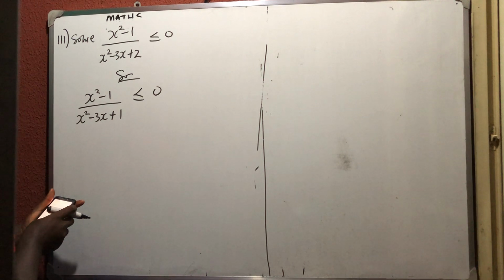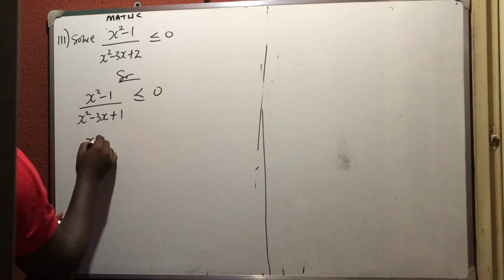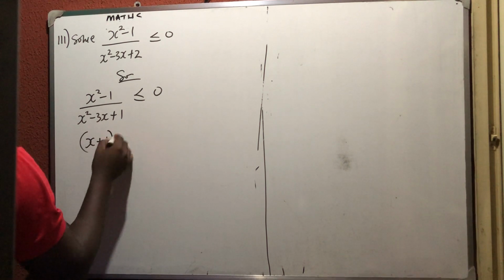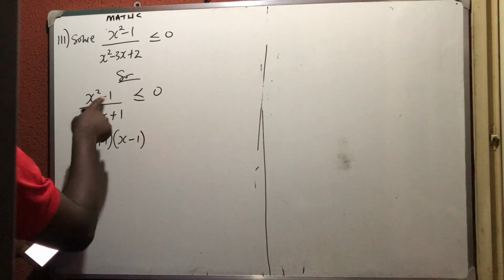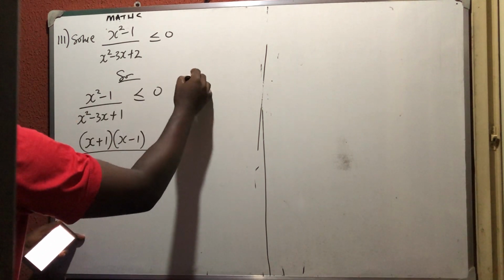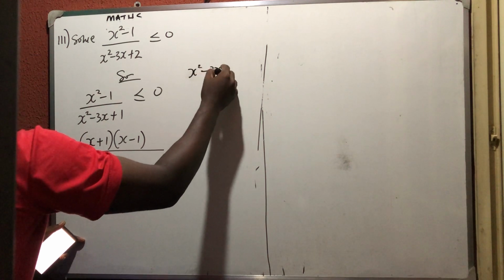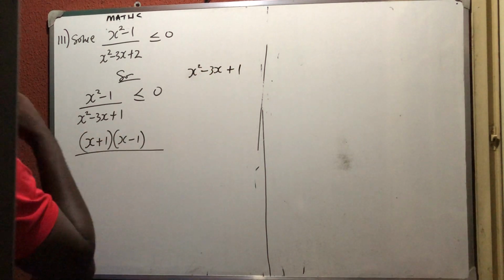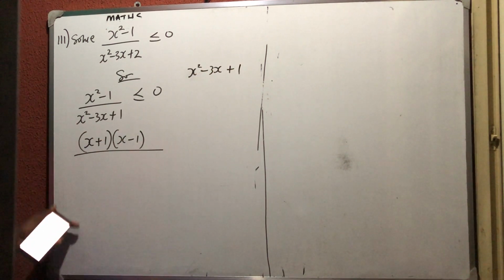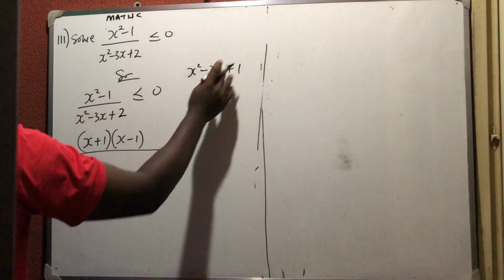The numerator is (x + 1)(x − 1), because this is a difference of two squares. And the denominator is x² − 3x + 2.